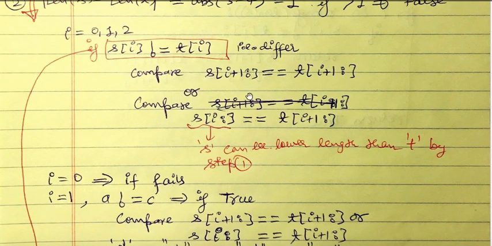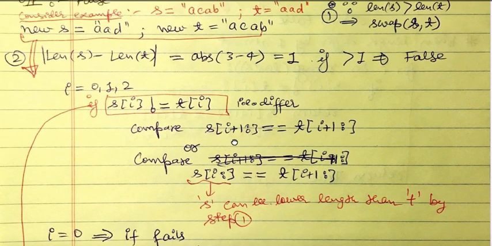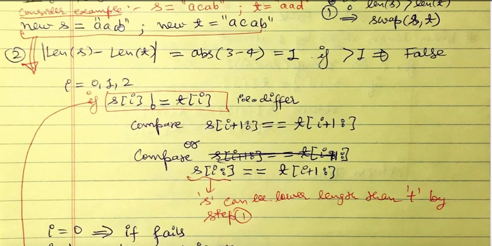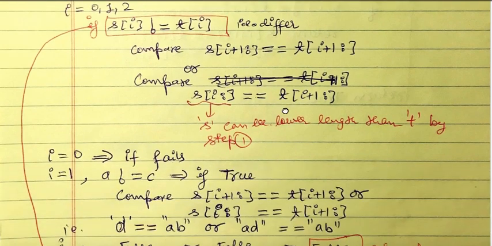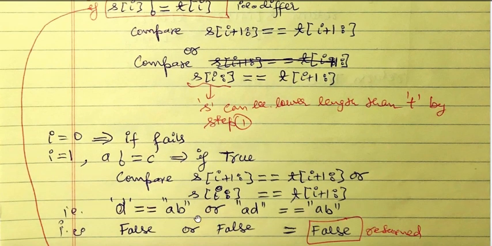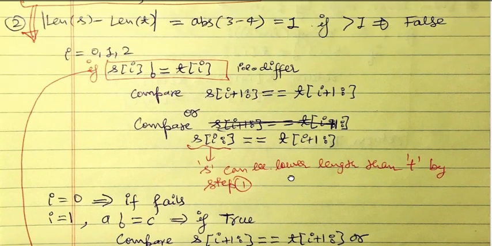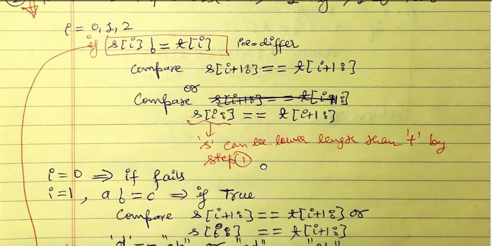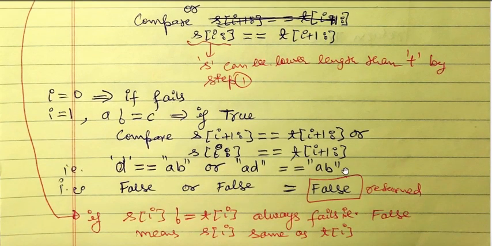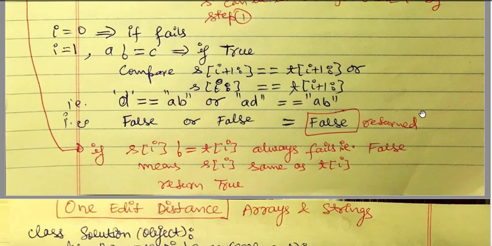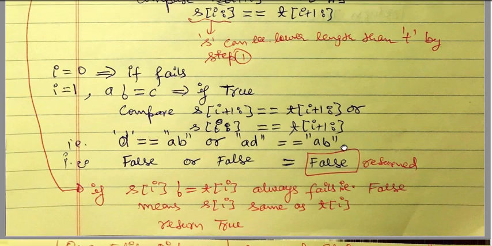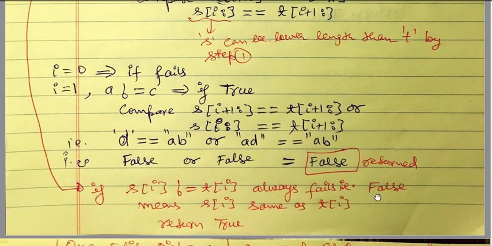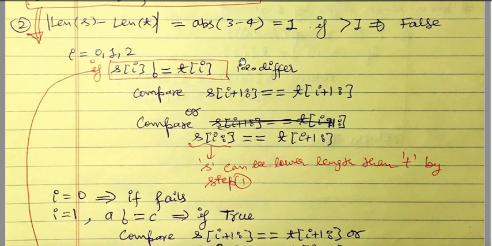Now we compare the leftover elements in source, which is D, to the leftover in T, which is AB. D and AB are different, so it becomes false. Next we take the present and later ones, AD, and compare it with AB. Again it is false, and the two falses make it return false.